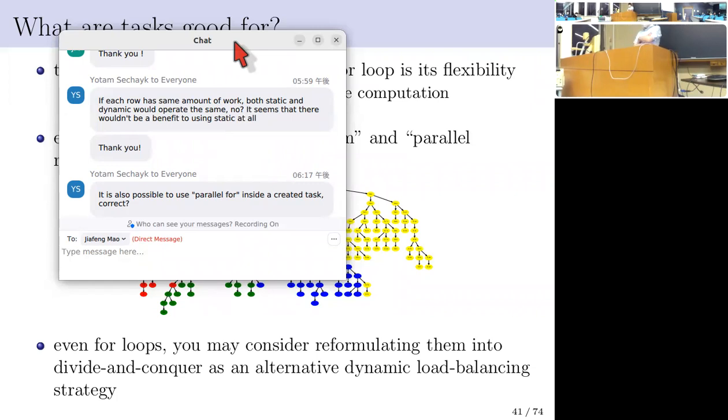Having omp for inside a task is another interesting question. Well, I have never done that, I have never thought about doing it. We need to see what actually happens, but most likely it's not going to work.